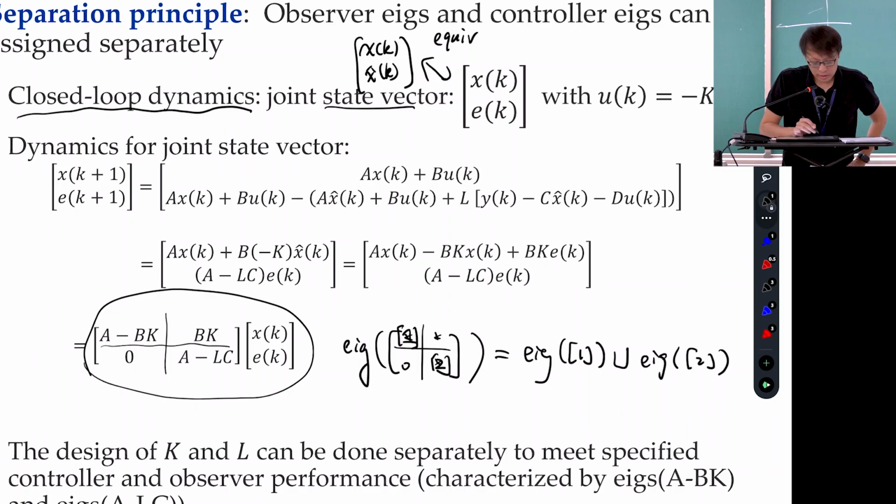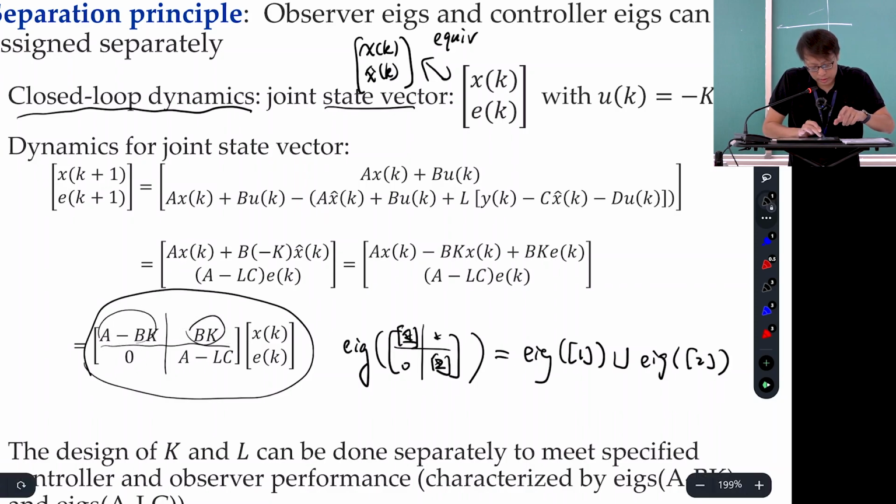Actually, the x convergence depends on the error. There's a coupling term: the observer dynamics will affect the convergence of the closed loop control part. But eventually this part will die out, and only this eigenvalue matters.